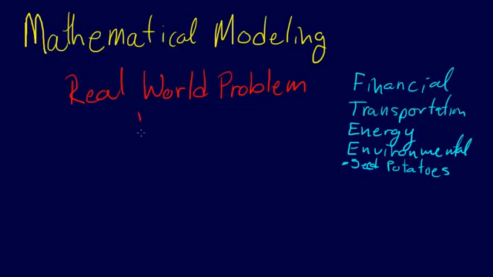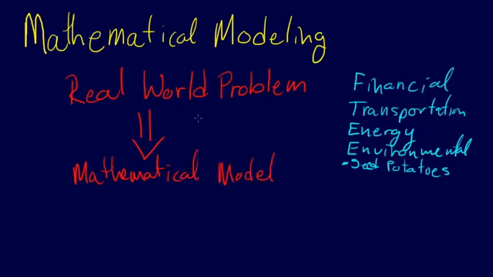So we start with a real world problem, and then we go through this exercise of mathematical modeling, and then we come up with a mathematical model. This whole arrow of going from a real world problem to a mathematical model, that is mathematical modeling.